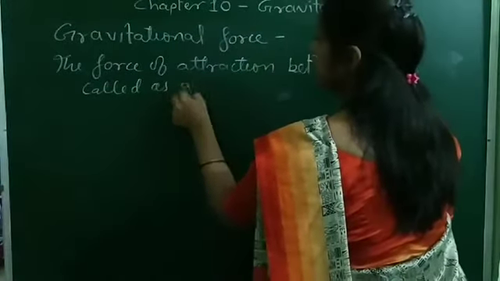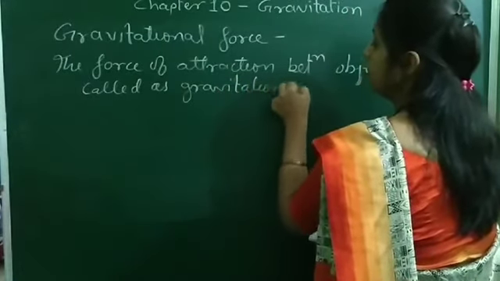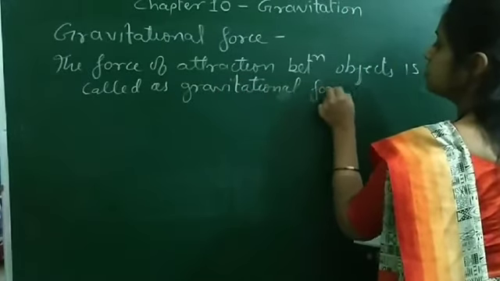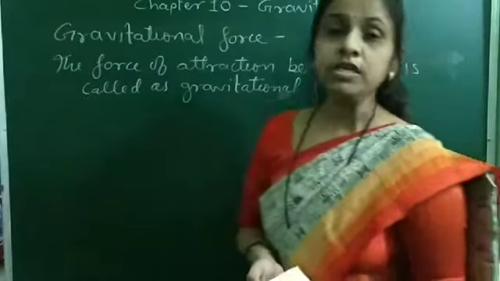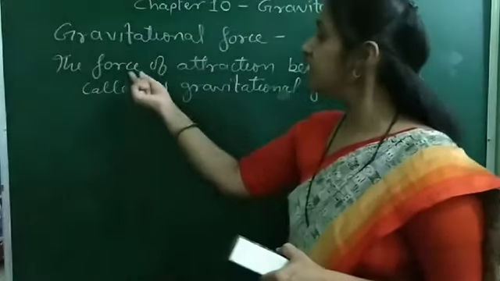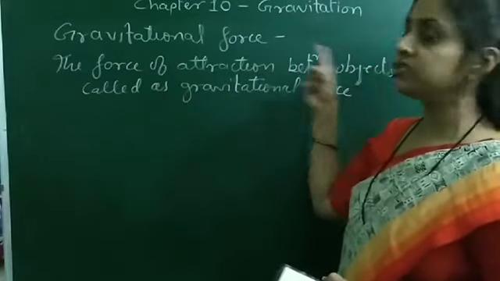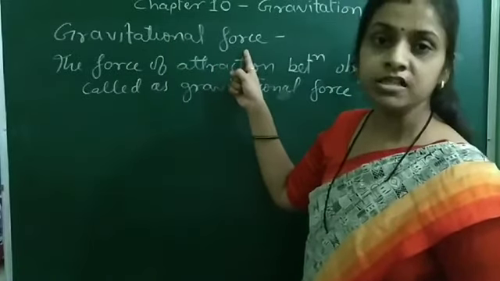It is called gravitational force. So in the universe there are a number of objects, and between these objects there is a force of attraction, and that force of attraction between the objects is called gravitational force.